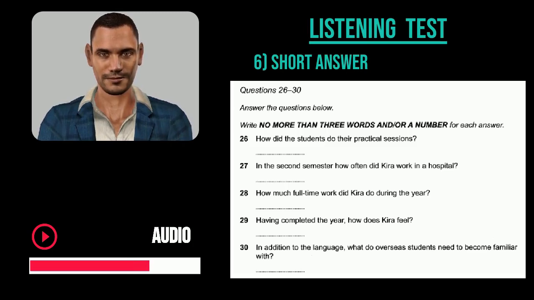It would be much better if they spent more time learning English before they enter the university, because you can be in big trouble if you don't understand what people are saying and you haven't got time to translate. Anything else? Well, as I said before, the biggest problem for me was lack of familiarity with the education system here. It sounds as if it was a real challenge. Congratulations, Kira. Thanks, Paul.